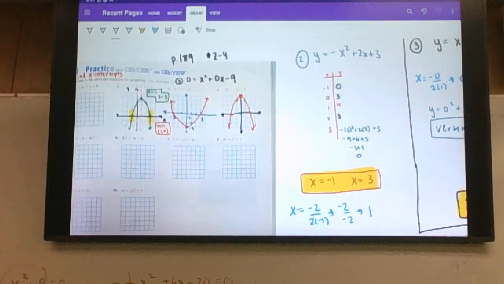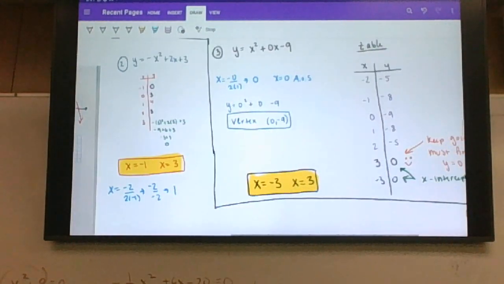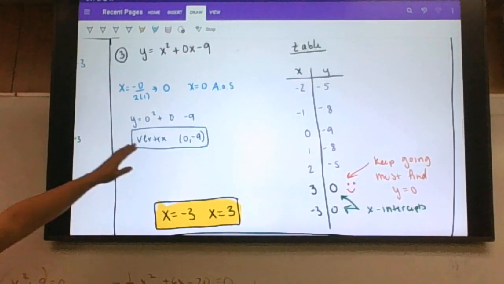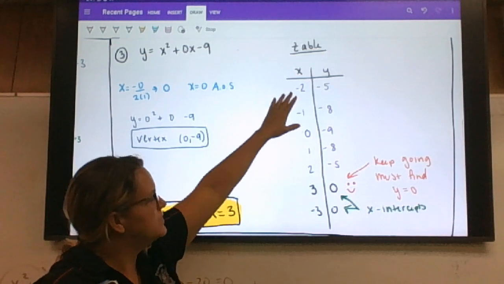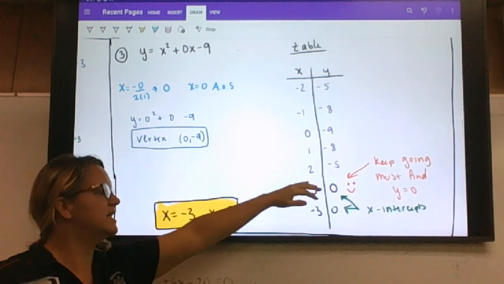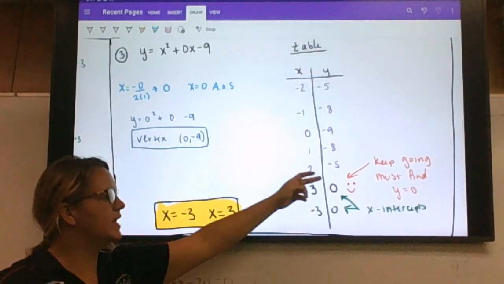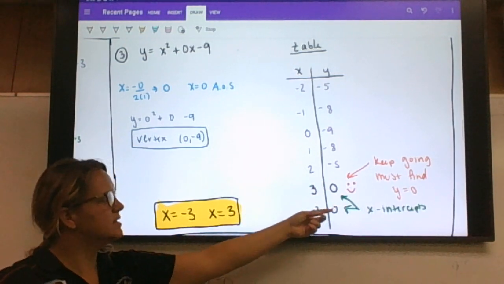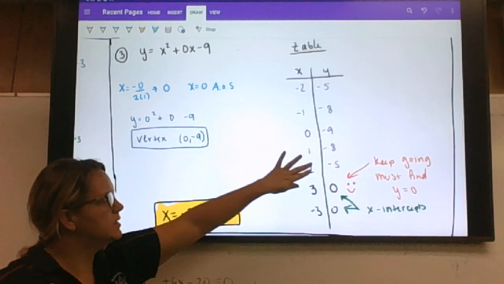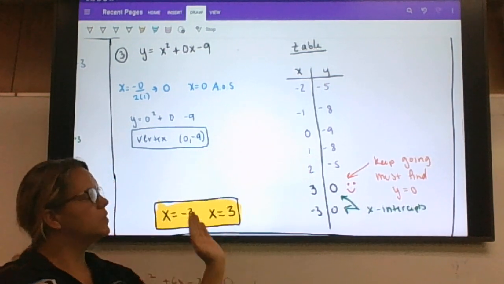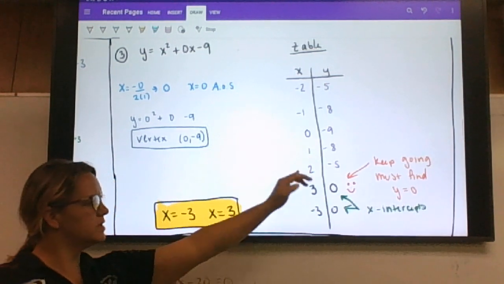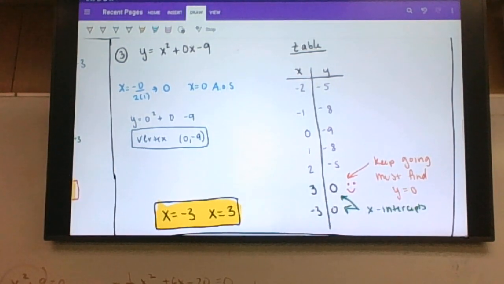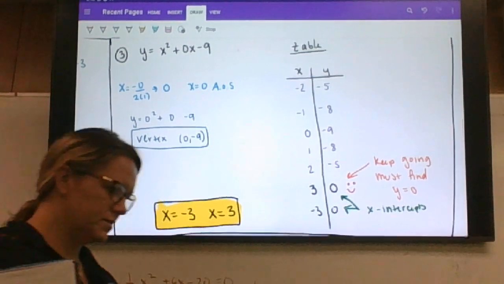So number 3, I did a full table. I found the vertex and I put it in the table. And I found this full table and I didn't get the x-intercept, so I had to keep going in the table until I crossed the x-axis. So I went 0, 1, 2. And then I saw that I couldn't quite see the x-intercept, so I went on to 3, and then I found a 0. We're looking for when y equals 0 for your x-intercepts.